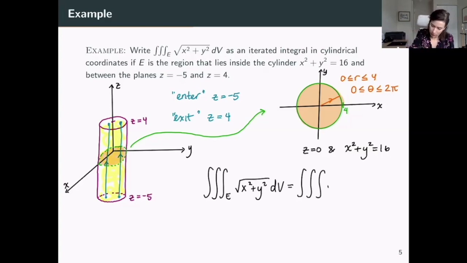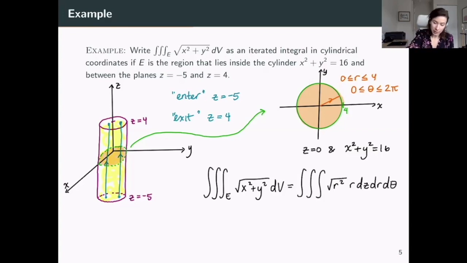In doing that, we're going to have the square root of r squared, because x squared will be r squared cos squared theta, plus r squared sine squared theta. That'll just leave us with an r squared. And then we're going to integrate with respect to our polar coordinates. So we'll have our r, we'll have dz, dr, and d theta.